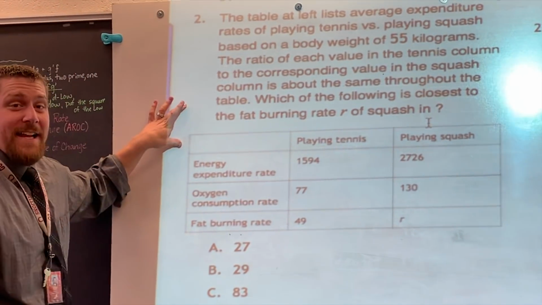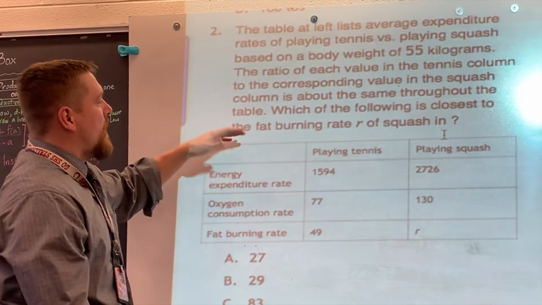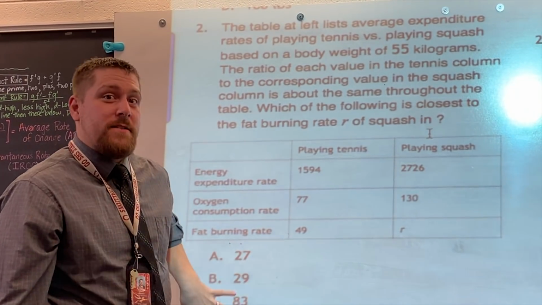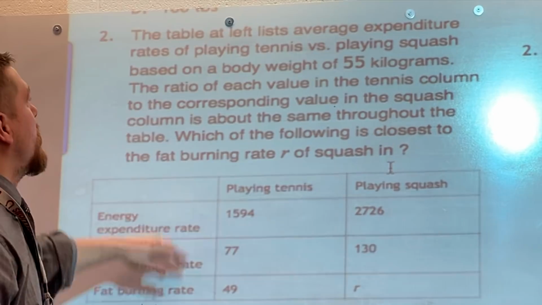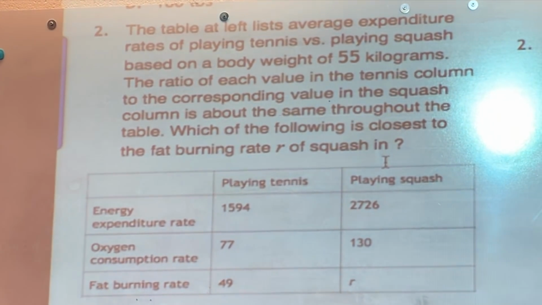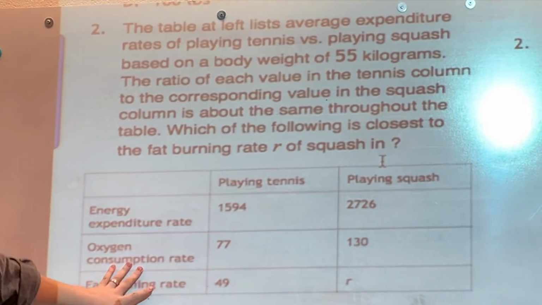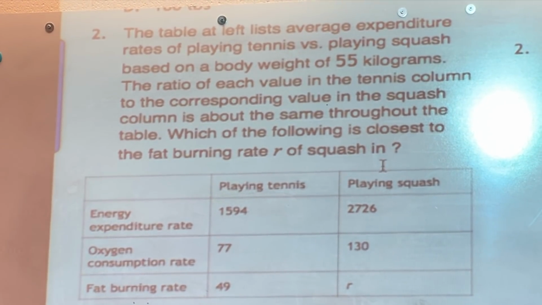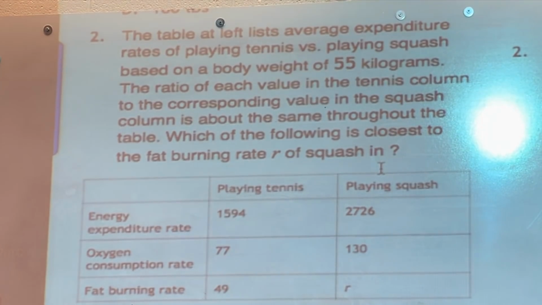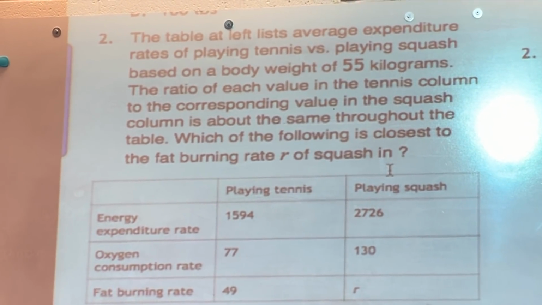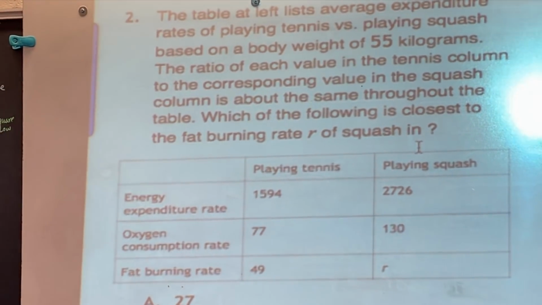Welcome back for our second guided note, level 3 problem. All right, we're going to read through the problem and figure out how to do this proportion ratio. All right, the table below lists the average expenditure rates of playing tennis versus playing squash based on a body weight of 55 kilograms.